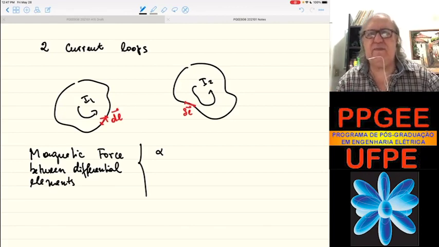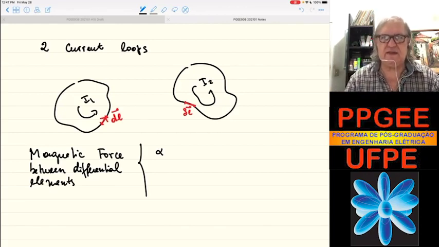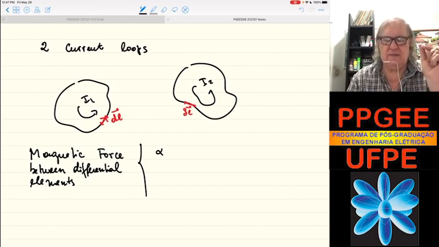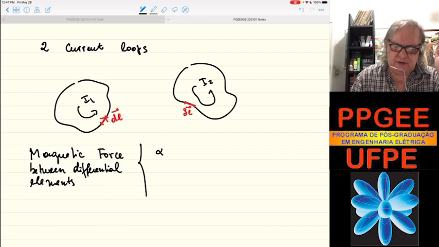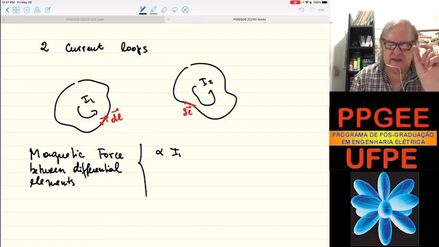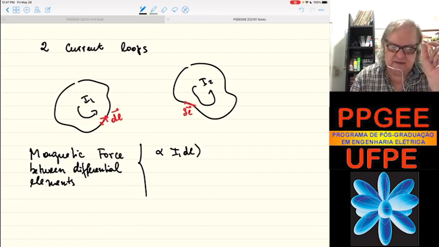I'm not going to put now the vector nature of it, just experimental evidence, which is very similar to Coulomb's law. Okay, Coulomb's law. It's proportional to the product of two elements of each of those circuits. I1 dL and I2 dL. Okay, delta L.